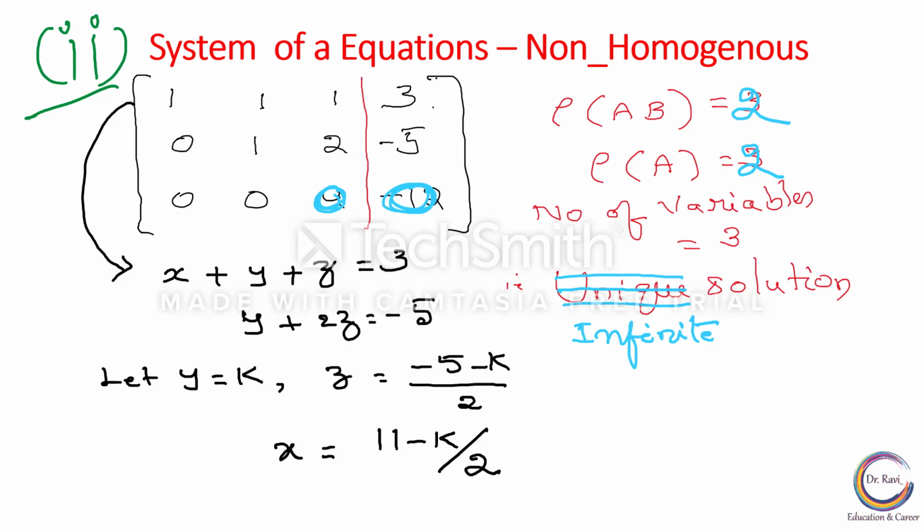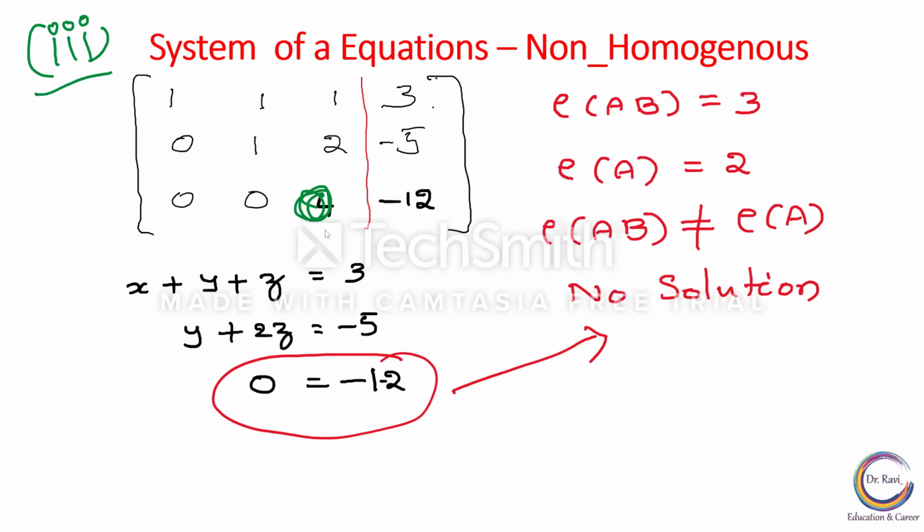So this is the second case. Now the third case. Suppose after doing all the transformations, this is the matrix we finally get, which is in echelon form. Then what will be the solution? Now in this case, if you see this complete AB matrix, its rank is the number of non-zero rows, that is 3.